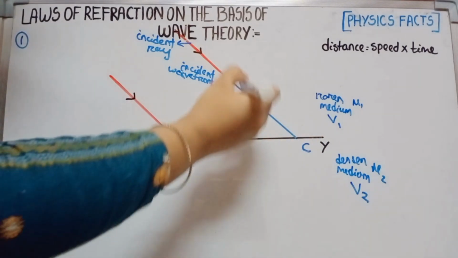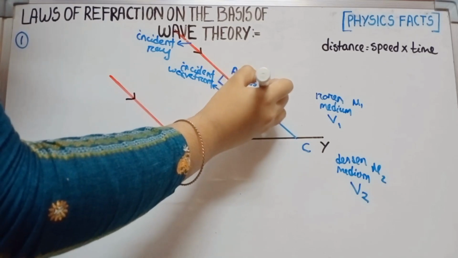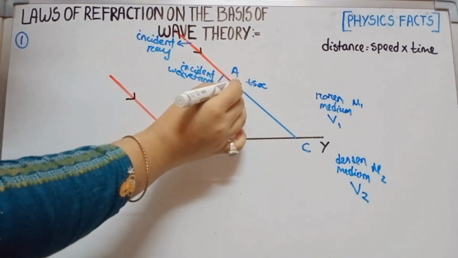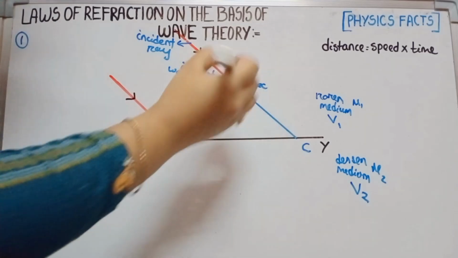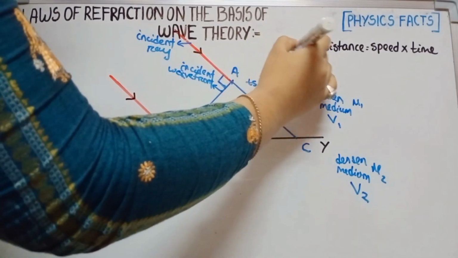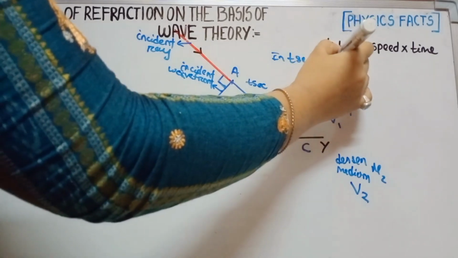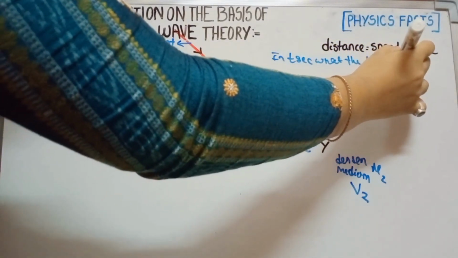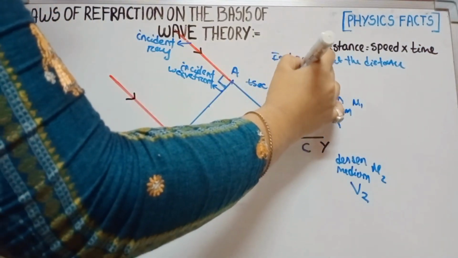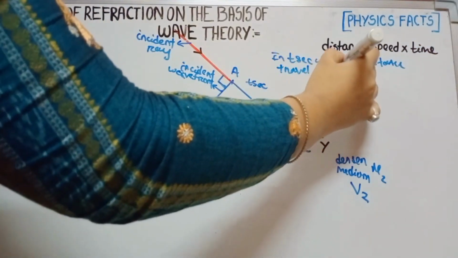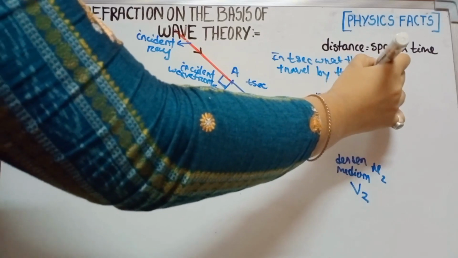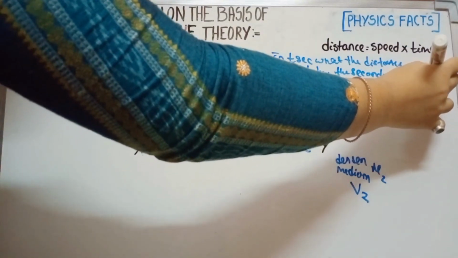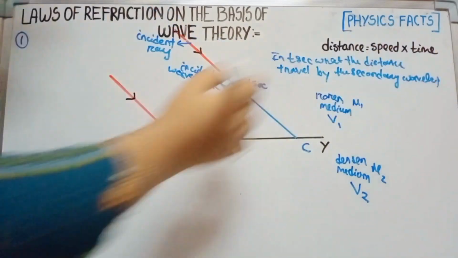So in t seconds, what is the distance traveled by the secondary wavelet? We know that distance equals speed into time.